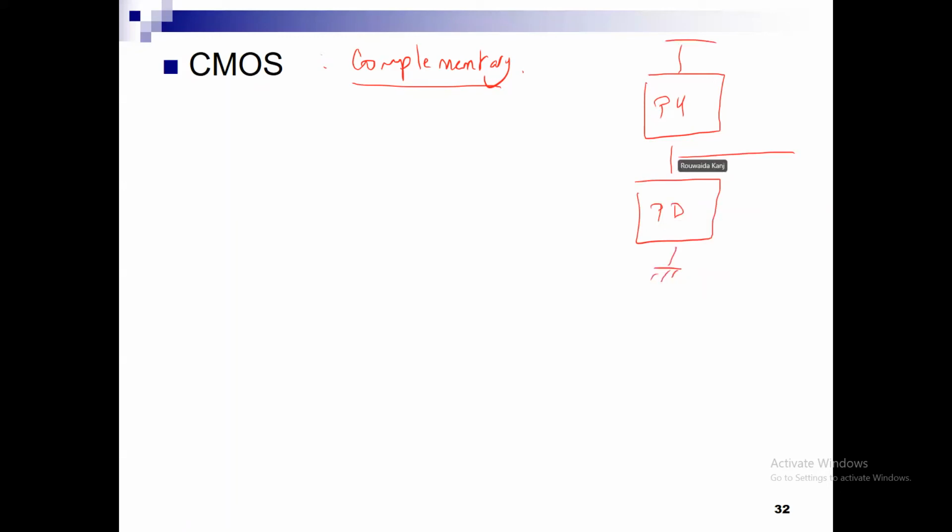And either the pull-up network is on and it pulls the output to VDD, or the pull-down network is on and it pulls down the output to ground. But the two, if this is on, this will be off, and vice versa. The two cannot operate together at the same time. Well, during transition, yes, but really one is turning on, one is turning off, and one will be stronger than the other, and it will pull the output to its side.